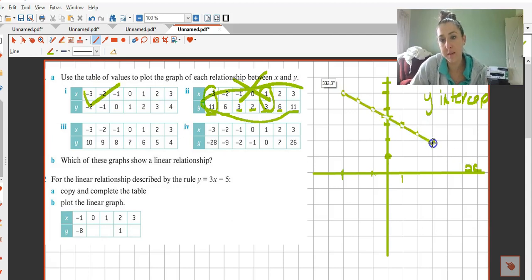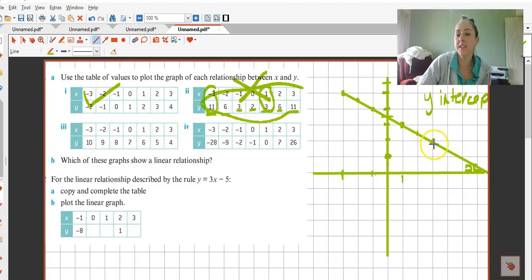We've only got these points plotted, but we can continue our line through, and you can see where each value would come in. And if we found the rule of this table of values, we could then determine the rest of these points as well.